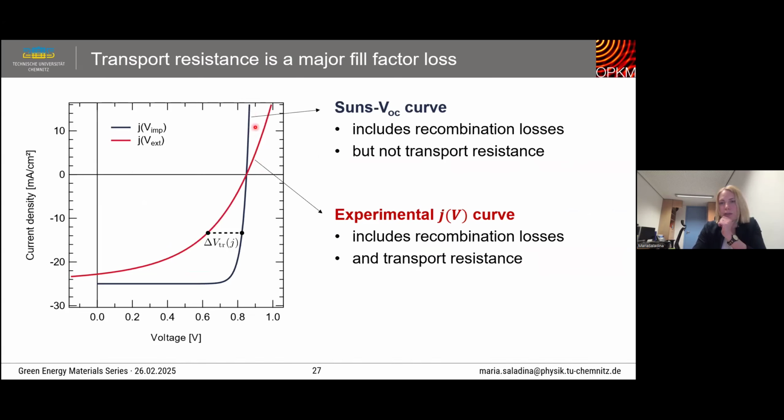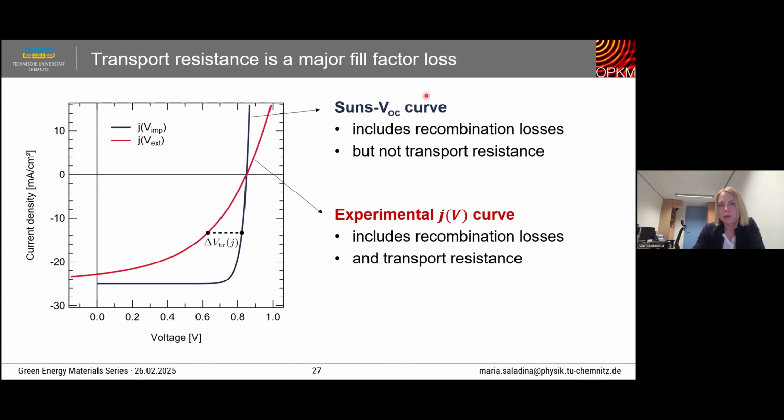Essentially, the data is the same as we used for the ideality factor, but analyzed differently. So here we take the Suns-VOC curve as a resistance-free curve. If it's resistance-free, it gives us the JV curve, which is not affected by transport resistance, and it's shifted down by the generation current density.